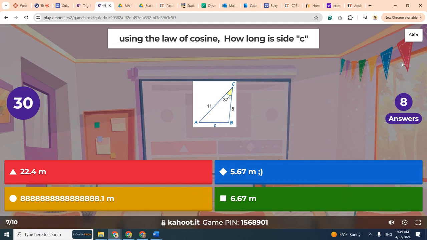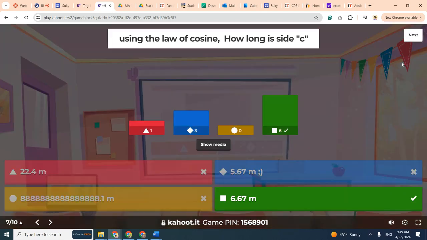Did you take the square root? Yeah, at the end take the square root of that. Okay, two more students. Oh, good job. Yes, six of you get this right.